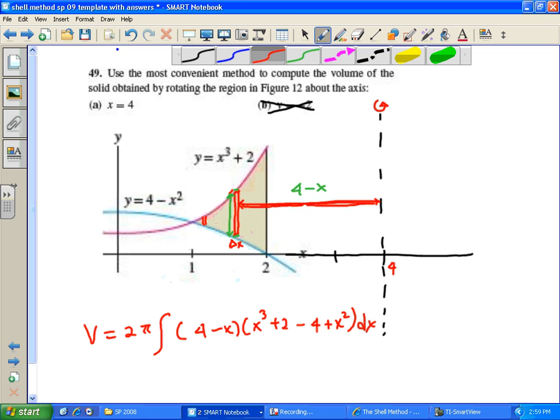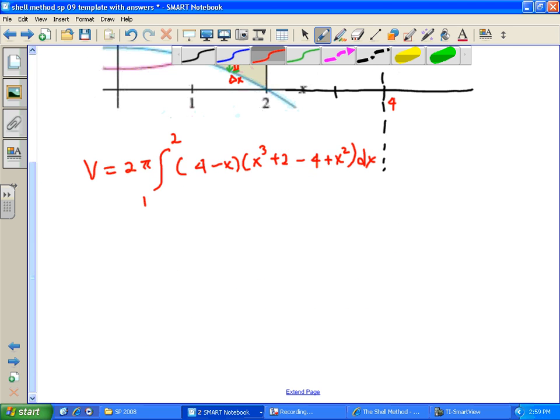On the leftmost part they are here, on the rightmost part they are here. So they're going to be basically going from 1 to 2. And the only thing we can do is simplify it a little bit further. It would be 2 pi integral 1 to 2 of 4 minus x times x cubed plus x squared minus 2.